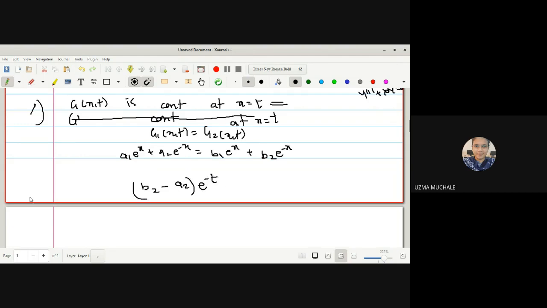We are checking the continuity, right? b1 minus a1 e raised to t plus this term is equal to 0. You can name this as equation 1, so that we can solve this equation.